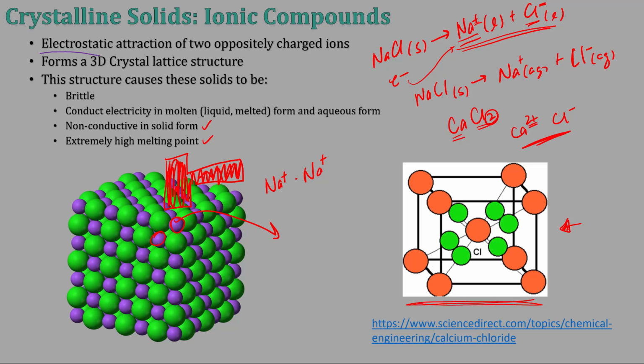So that's Coulomb's law. And remember, Coulomb's law looks something like that. And so if one of those charges is a 2 instead of a 1, it's going to have a higher attraction. And so that's what would happen with that. So this would have a higher melting point than sodium chloride would because it has a 2+ charge.